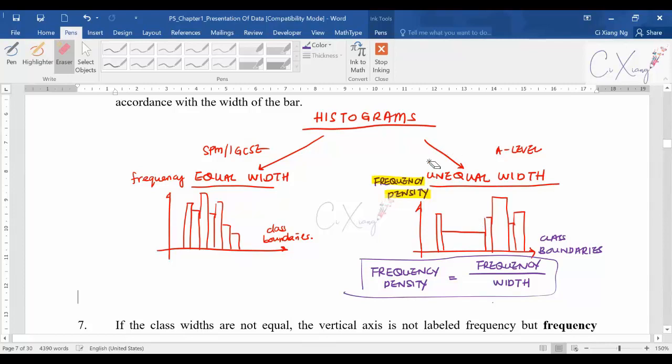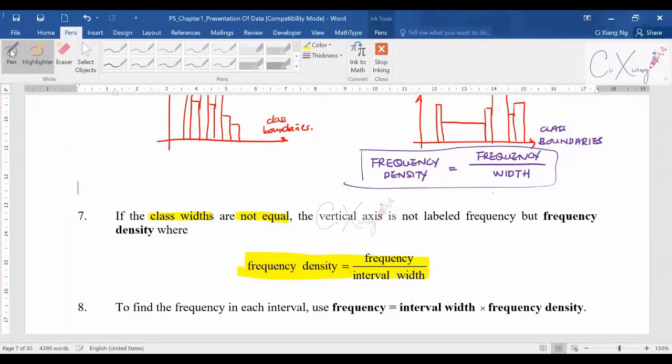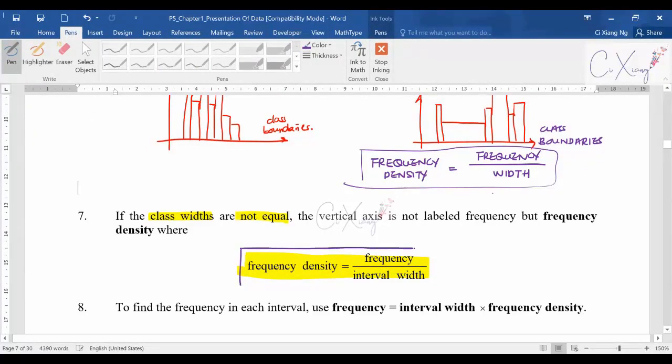Now, if the class widths are not equal, then we need to draw the bar by using the frequency density, not frequency anymore. So how to get the frequency density? You have frequency divided by interval width. Please make sure that you remember this formula because it will not be provided in the formula booklet.